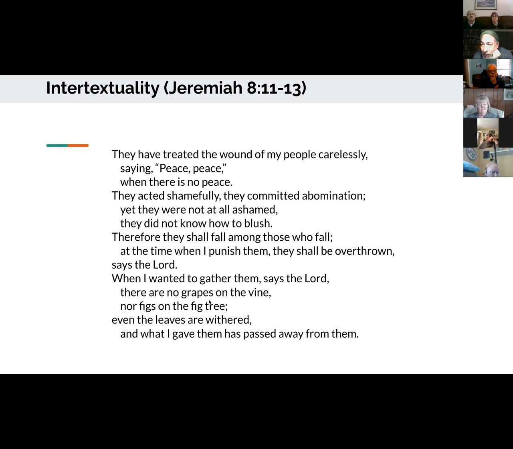Jeremiah is complaining about the religious establishment in Israel, and he says, they have treated the wound of my people carelessly, saying peace, peace, when there is no peace. They acted shamefully, they committed abomination, yet they were not at all ashamed.